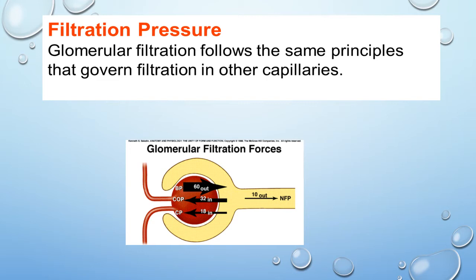You've got one inward pressure that inhibits filtrate formation, and then you have two outward that counterbalance, allowing for filtrate formation.